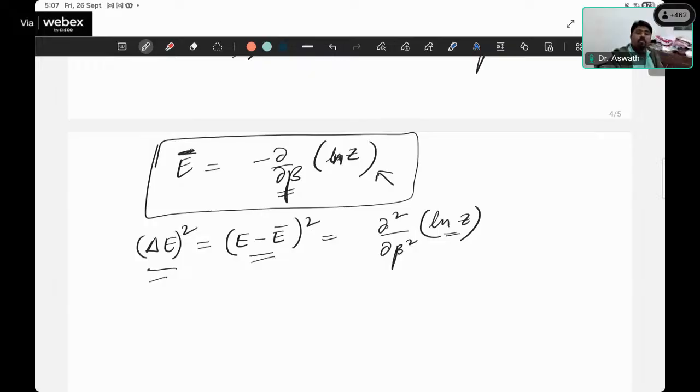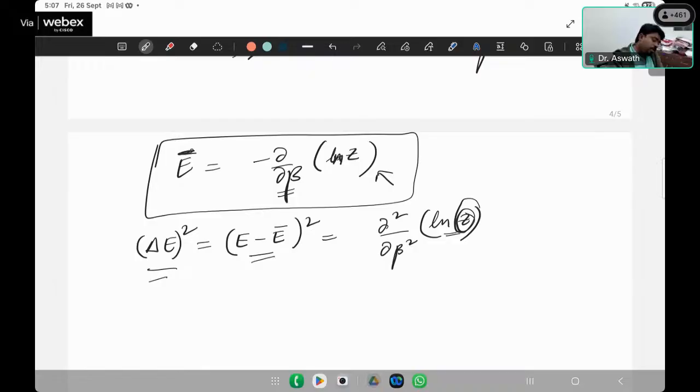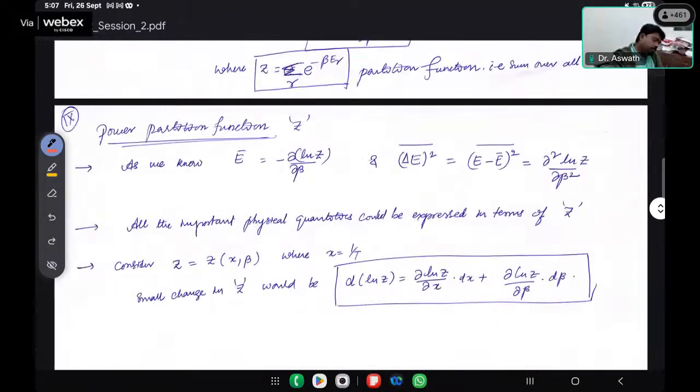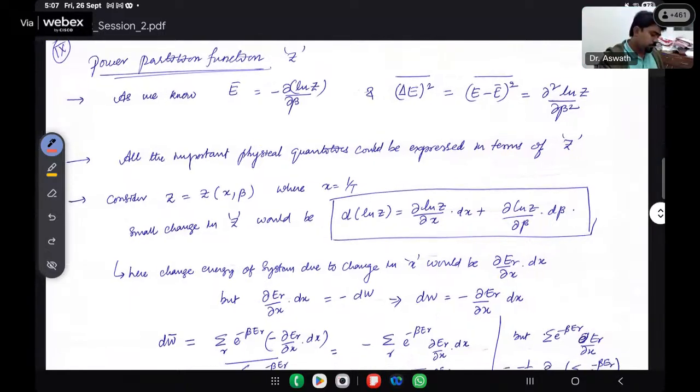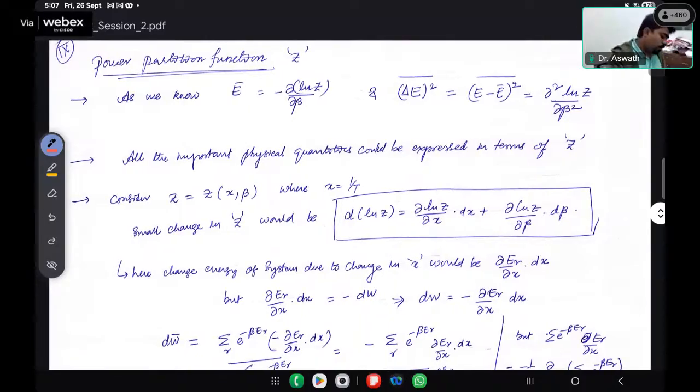By the way, you can still further find the power of the partition function z using other techniques. Let me go through that. All the important physical quantities could be expressed in terms of the partition function z.